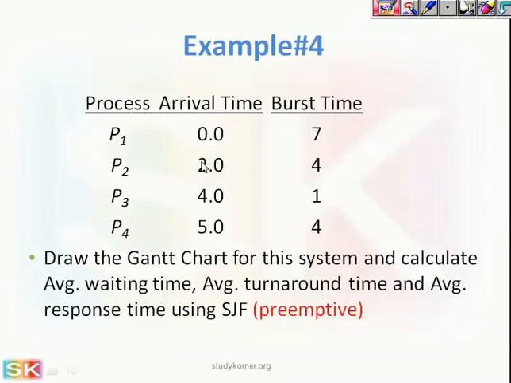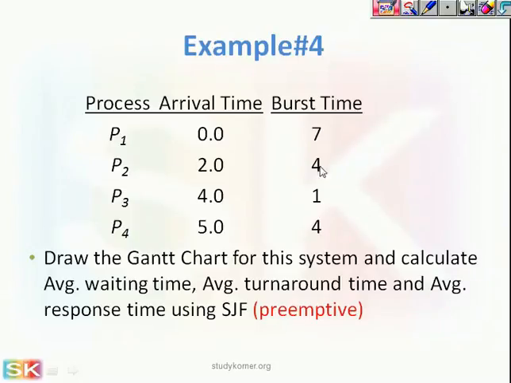At 2, process P2 was submitted, right, which is having burst time 4, and at time 2 P1's left burst time is 5 seconds because 2 seconds it has completed, so remaining is 5 seconds.